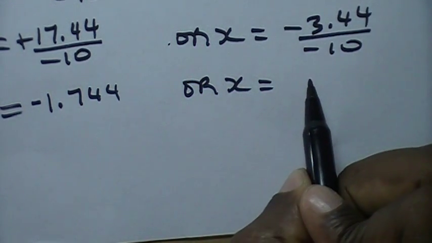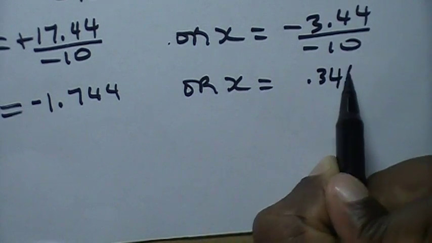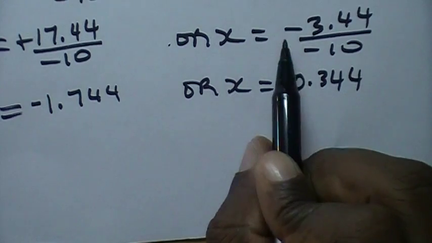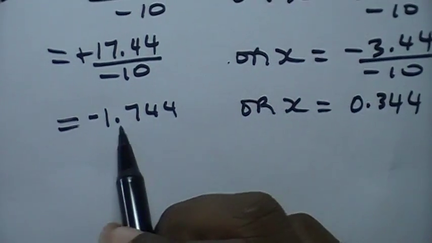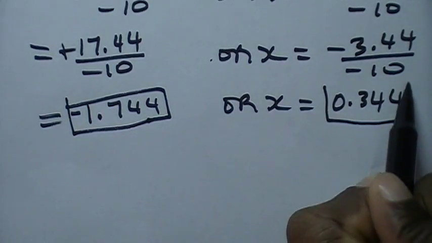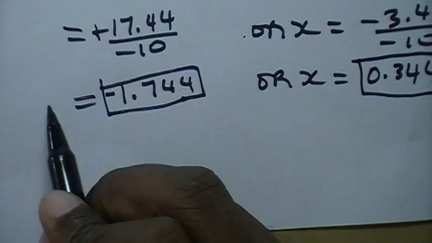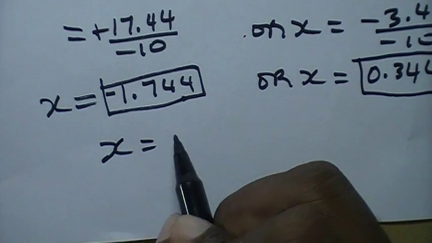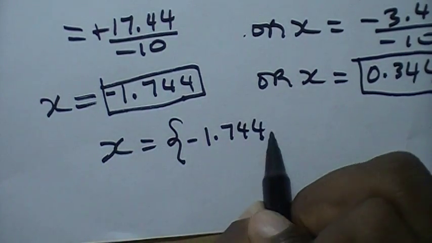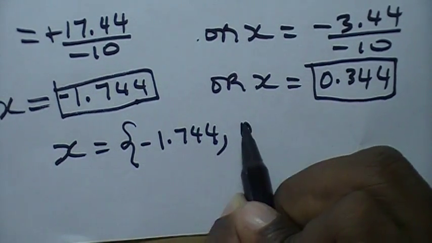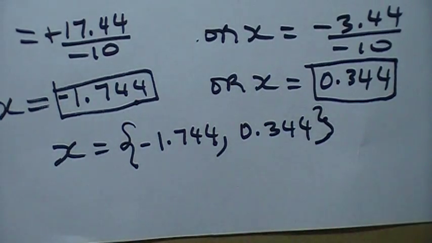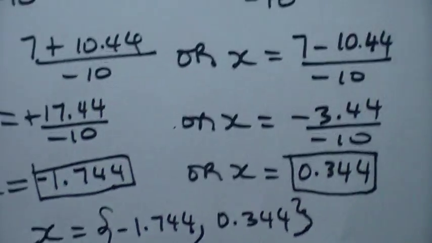We're going to get 0.344, and like signs will be positive. So these are the 2 solutions for x. Either x is equal to negative 1.744 or x is equal to 0.344. Okay, and so that's it.